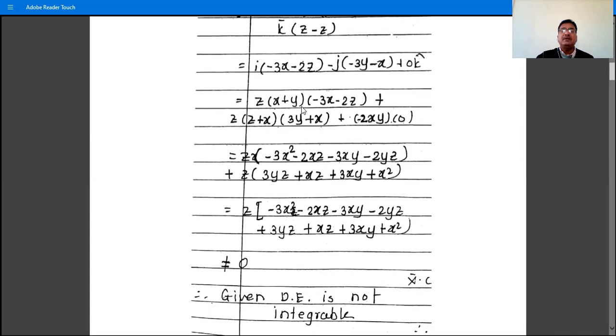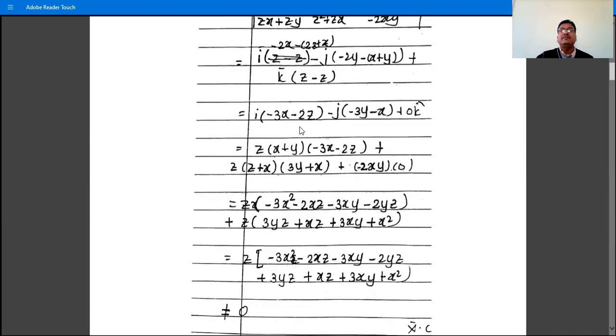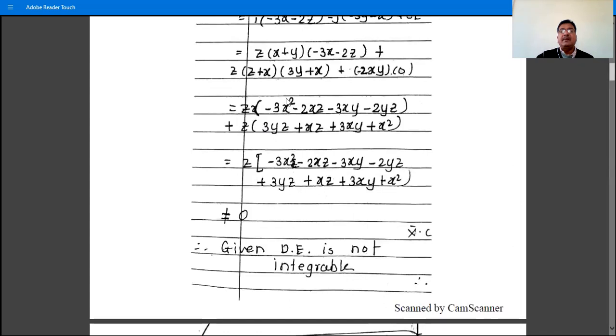So dot product means what? The dot product of two vectors is the multiplication of coefficient of i plus multiplication of coefficient of j plus multiplication of coefficient of k. After simplification, we have the multiplication of these two brackets and of these two brackets. We have these four terms, and take z as common from these terms.